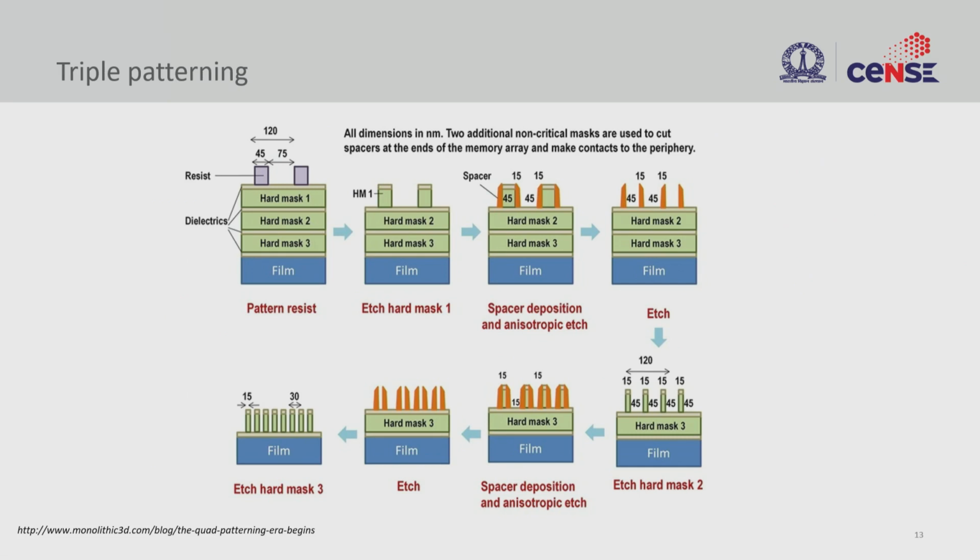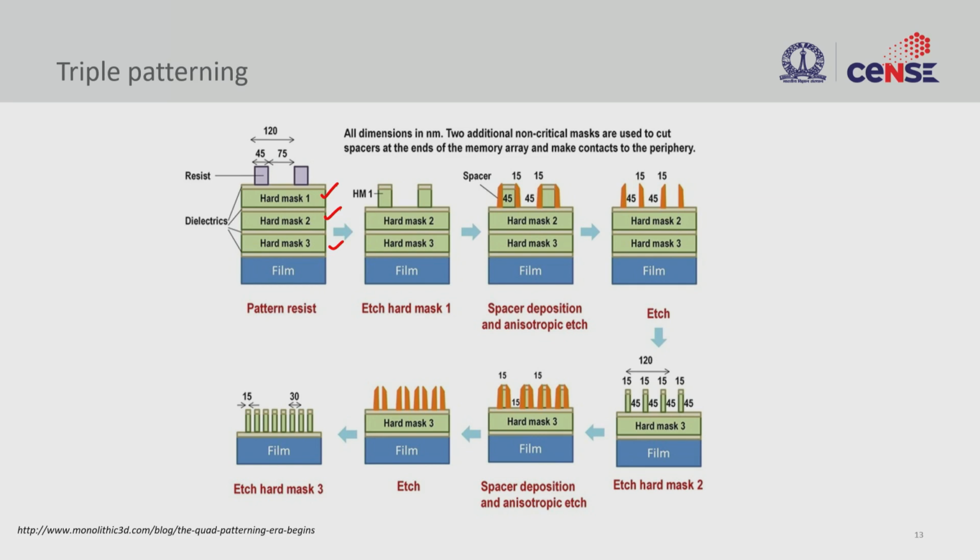So how do we even increase it beyond this double patterning? So you can do triple patterning, right. There is no need to go through each and every process here because this is a replicate of whatever we saw earlier in this spacer based patterning, but the only difference is we have multiple layers of hard mask, right.